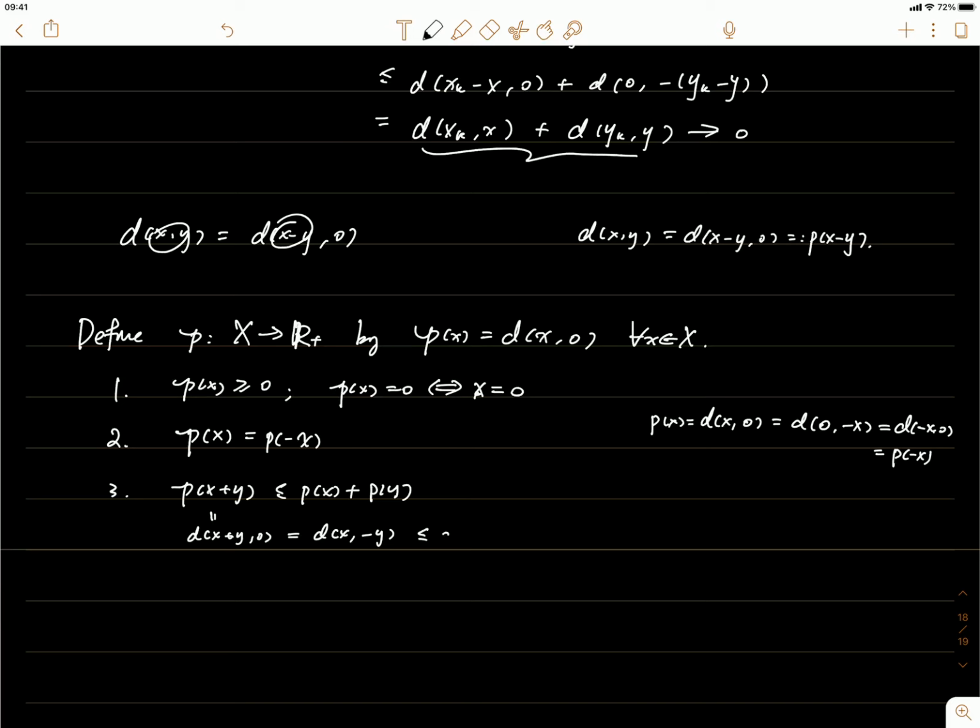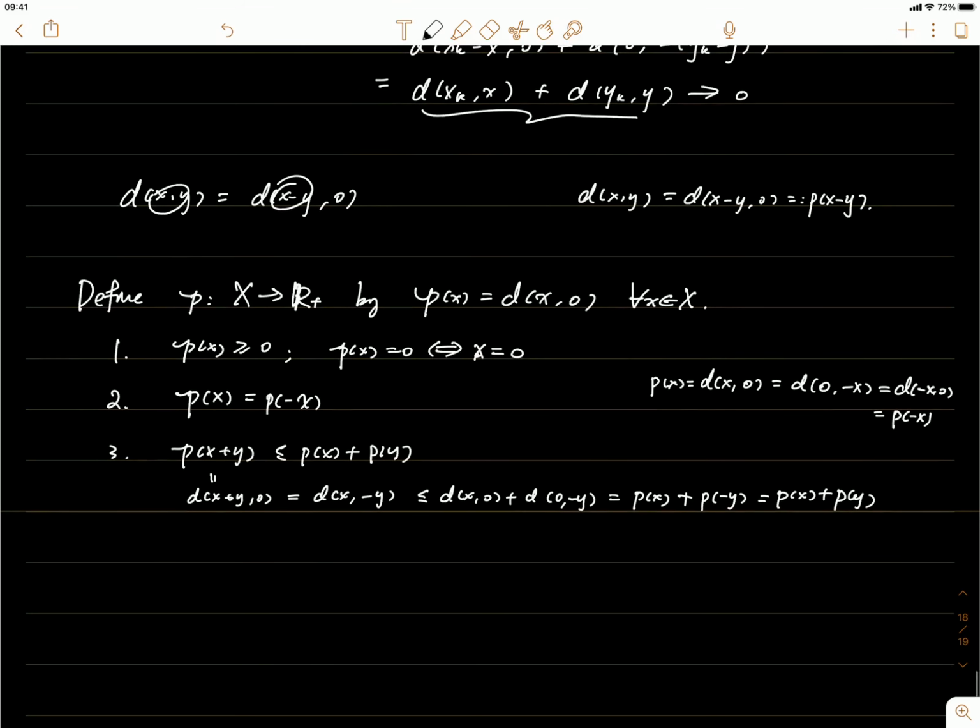And then this is less than or equal to d of x, 0 plus d of 0, negative y. And you know that the first one is just p of x. The second one is equal to d of negative y, 0, and that is equal to p of negative y. But because p is symmetric, it's just p of x plus p of y. Okay, and that is the right-hand side.